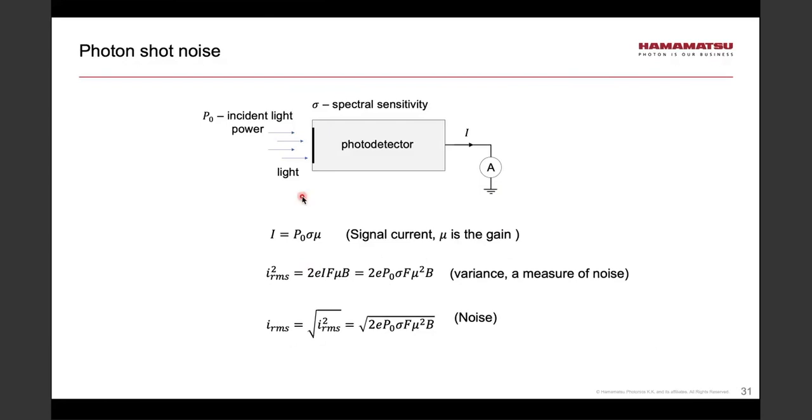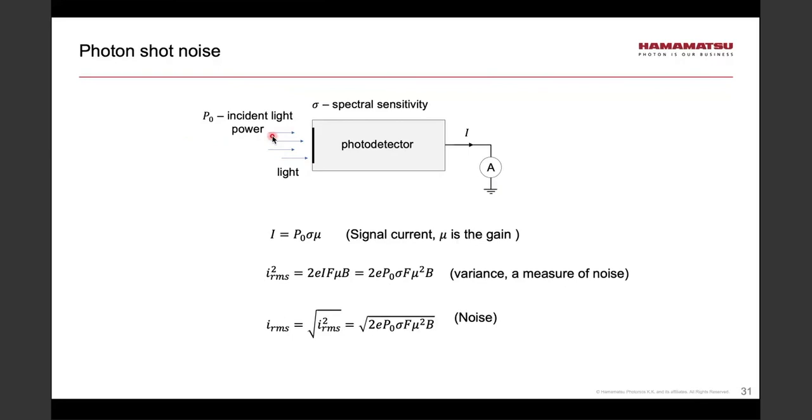Let's now discuss photon shot noise. Suppose I have a DC light impinging on the photodetector. And suppose that I have some super sensitive instrument to measure incident light power. That super sensitive instrument would show me that even though I think I have DC light, there would be tiny fluctuations, maybe not so tiny, of the incident power.